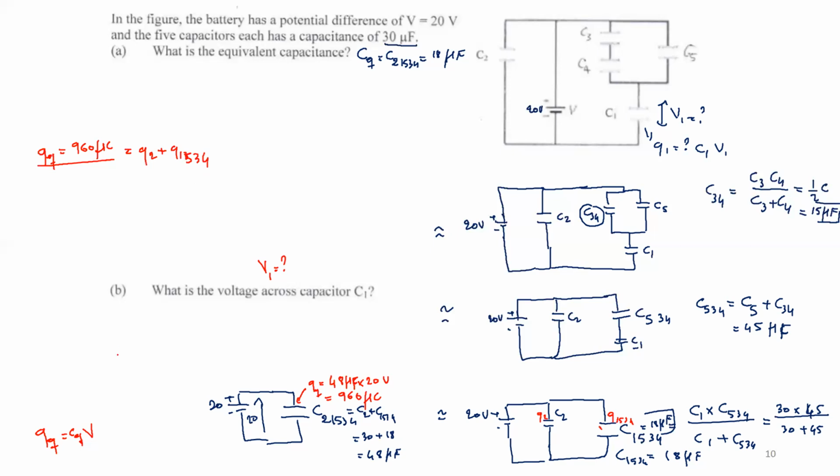Now, what is charge Q2? Well, charge Q2 is very simple. It's C2 multiplied by V2. But V2 is 20. So C2 is, I know, 30 microfarad times V2, which is 20.